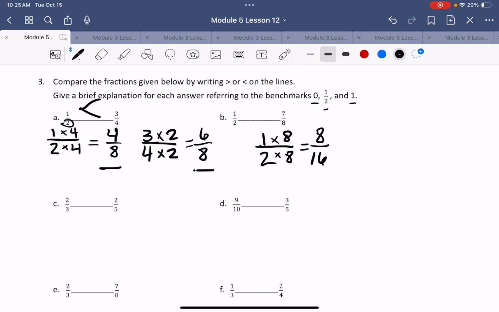I have 7/8 times it by the opposite denominator, which is 2, and I have 14/16. So is 8/16 or 14/16 more? 14/16, so we know that 7/8 is greater.